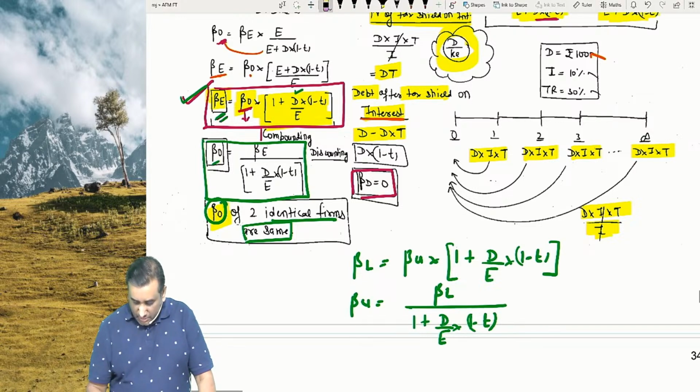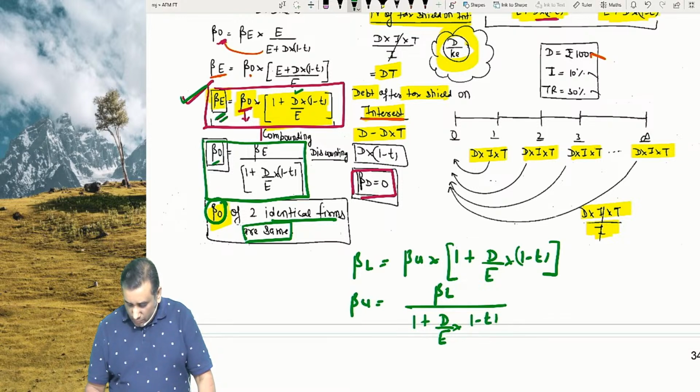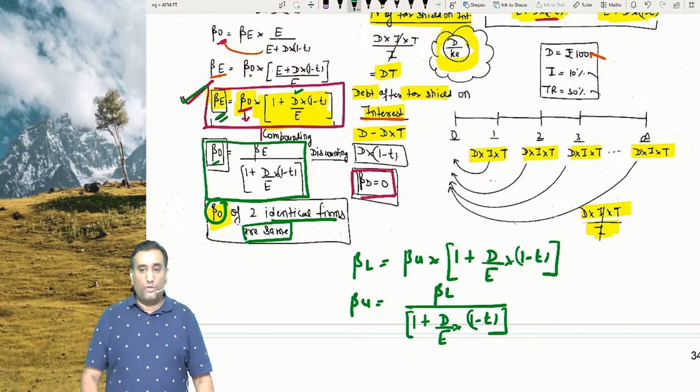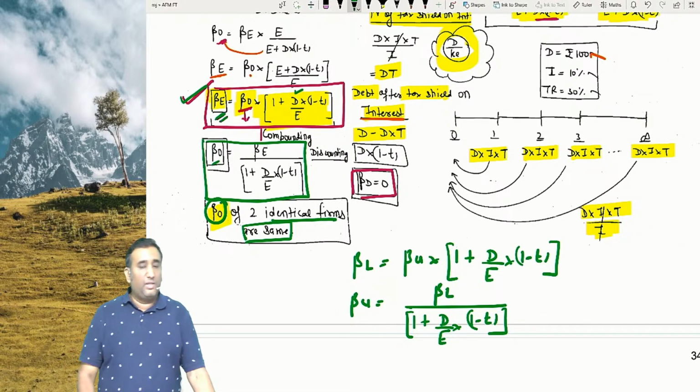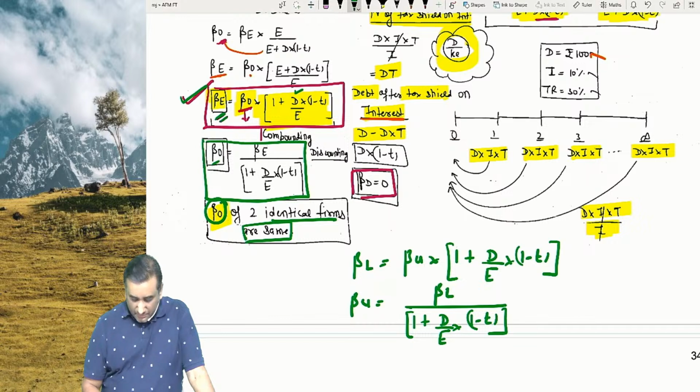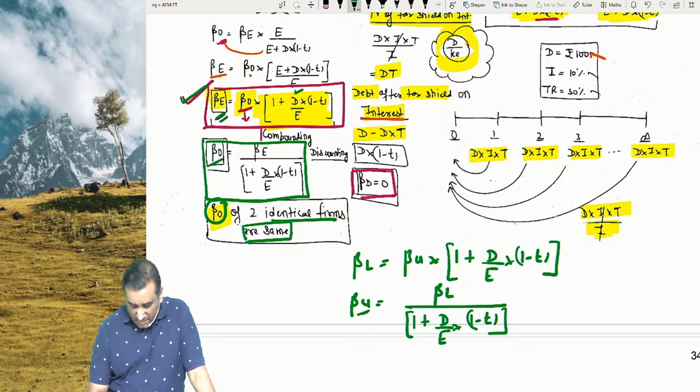How can you remember compounding and discounting? In the first formula, you are adding the impact of debt. When you add the impact of debt to unlevered beta, it becomes levered, or beta equity, one and the same thing. In the second formula, beta overall, or beta unlevered, is beta levered divided by 1 plus D by E into (1 minus T).